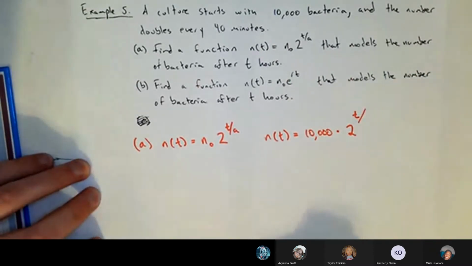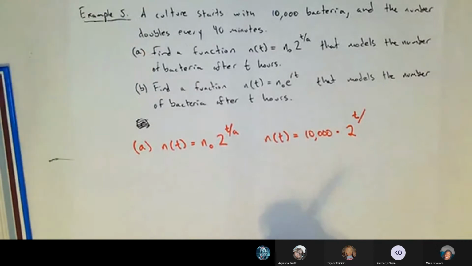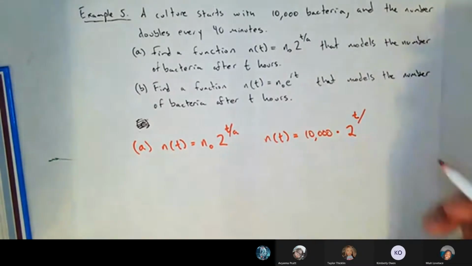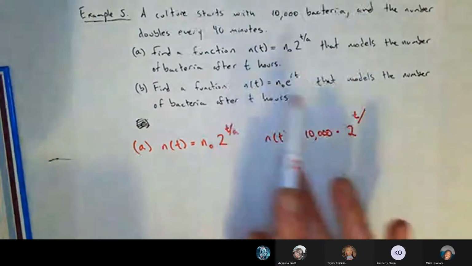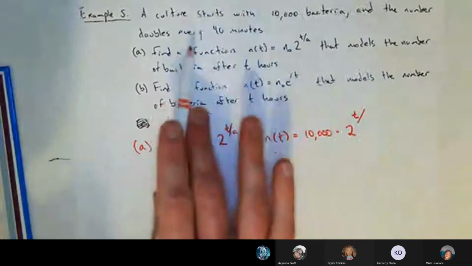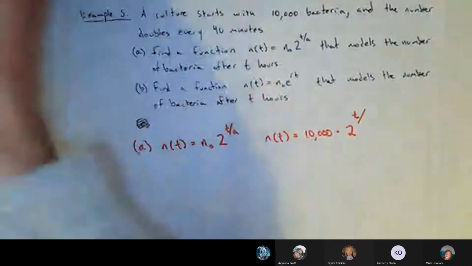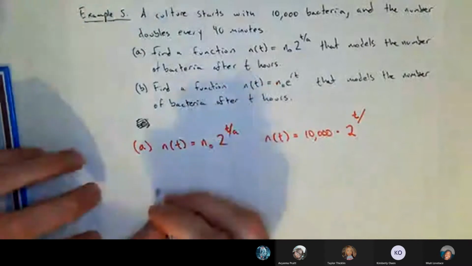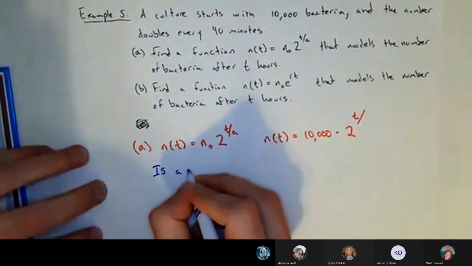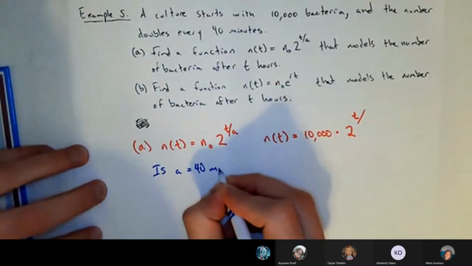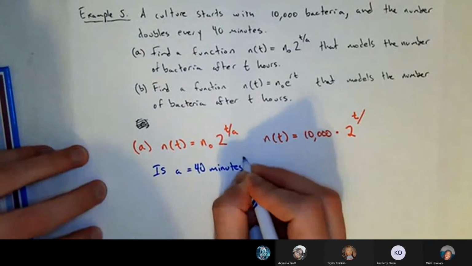Over, now, I need to decide what units. Oh, I see, okay, never mind, sorry. Okay, this is measured in minutes, right? So I might naively just say that a equals 40 minutes, because a is supposed to be doubling time, right?